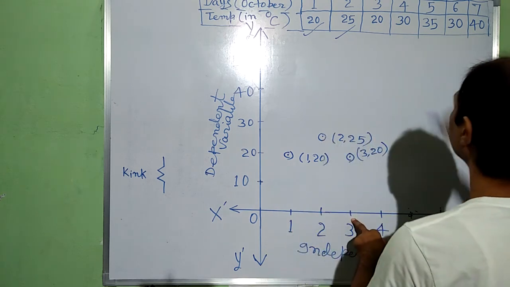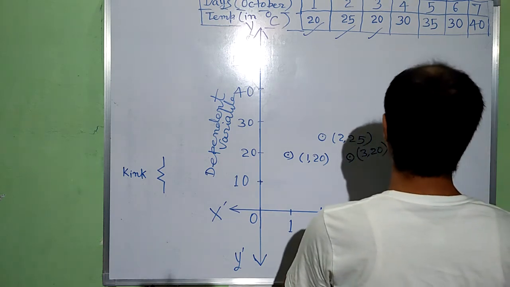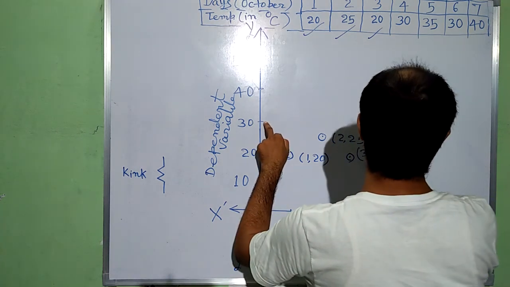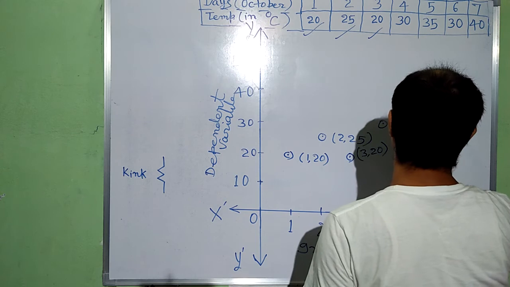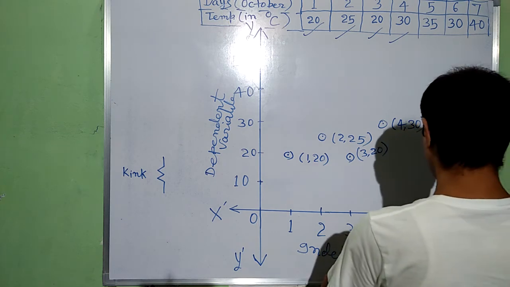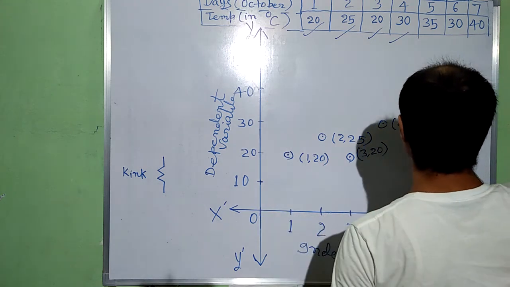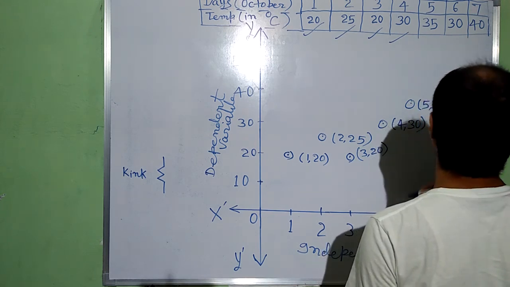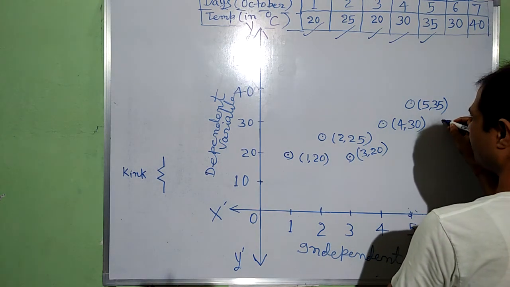This is temperature. On the fourth day, the temperature is 30. 4 on the x-axis and 30 on the y-axis. This point is (4, 30). Then (5, 35). We will have to plot it here. Then (6, 30). 6 is here and 30.